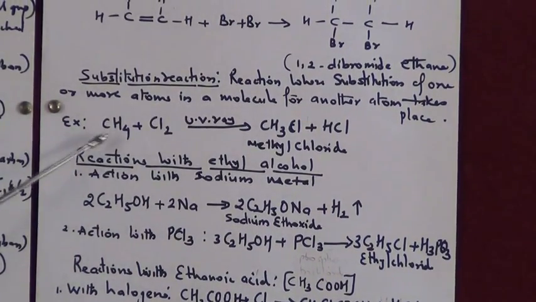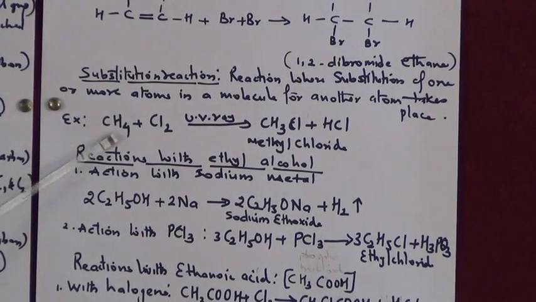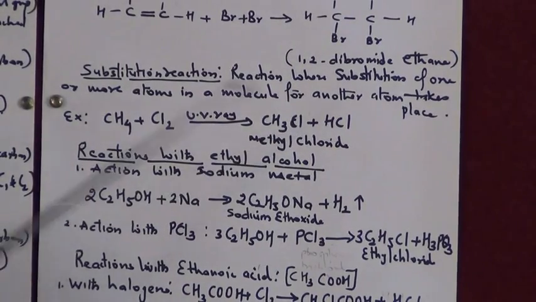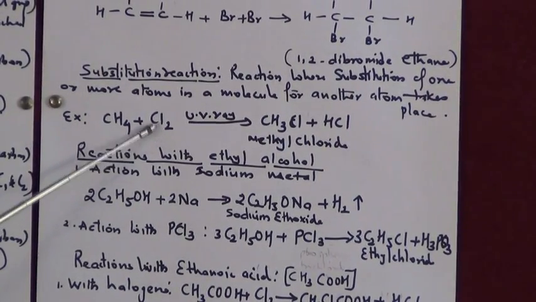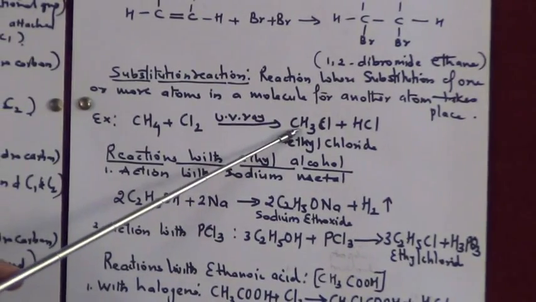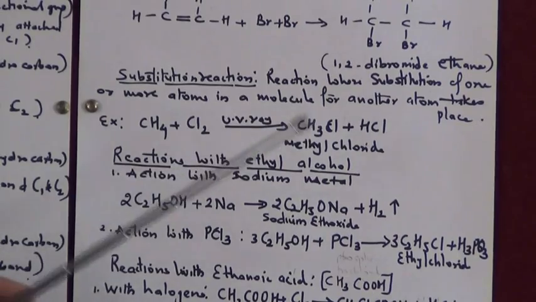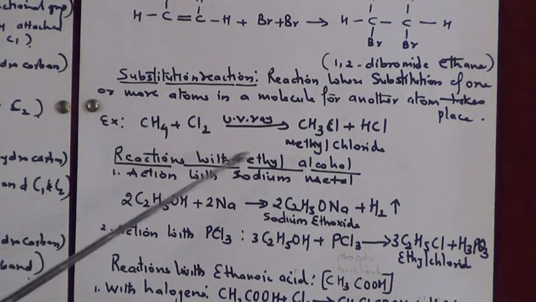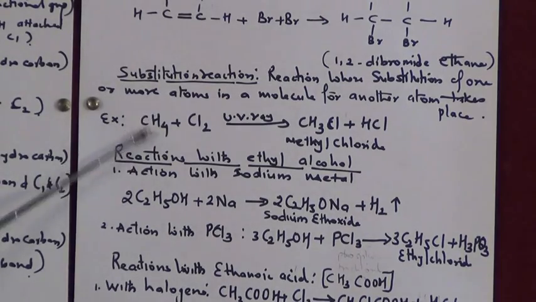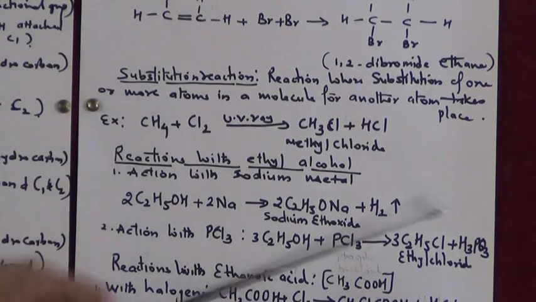Now here we see that one atom of hydrogen from methane gets substituted by chlorine. There are two atoms of chlorine here. One atom of chlorine gets attached to the methyl, and hence it forms a compound called methyl chloride.